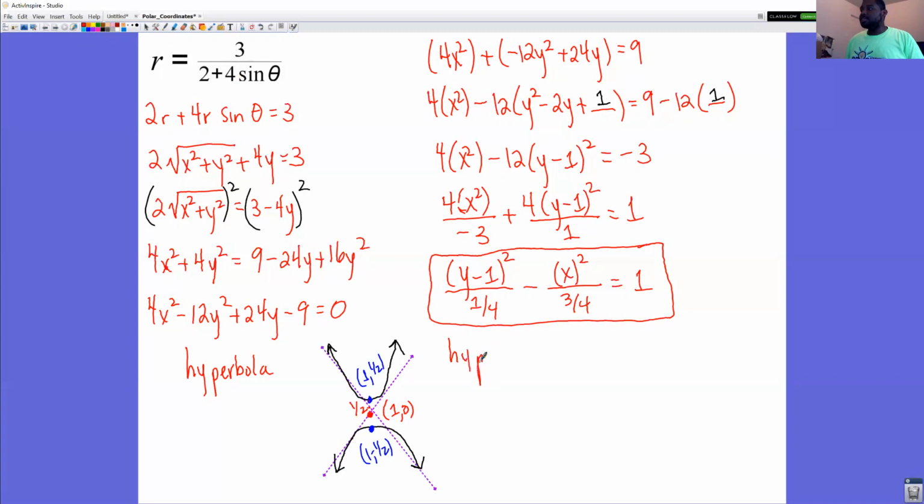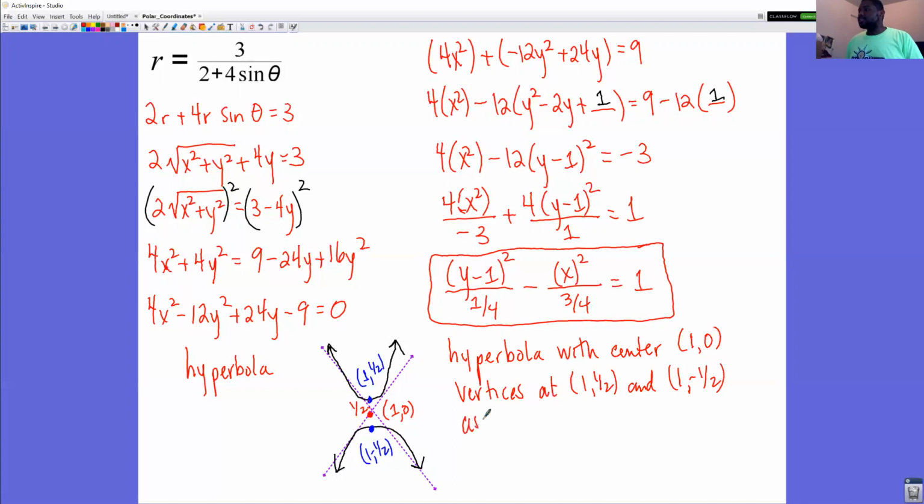So here's how we describe this hyperbola. I don't know if I said parabola earlier. It's a hyperbola with center 1, 0, vertices at 1, 1/2 and 1, -1/2. Asymptotes: y minus 0 equals, and pay attention to the slope.